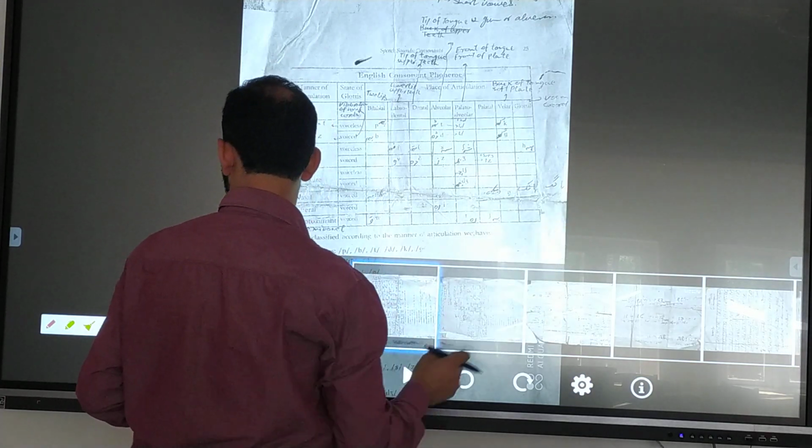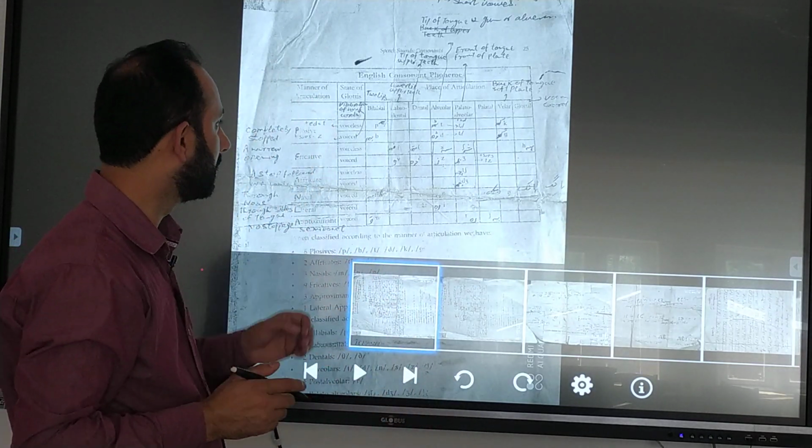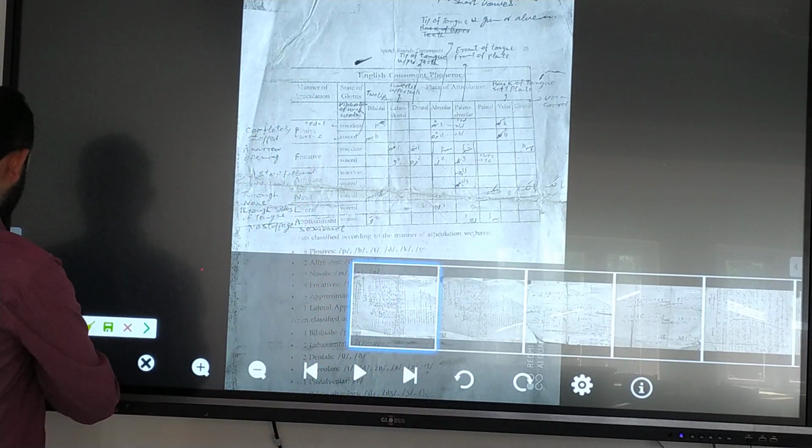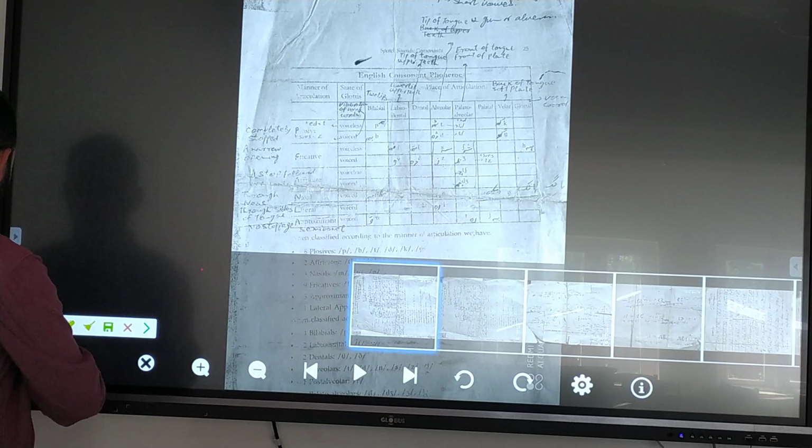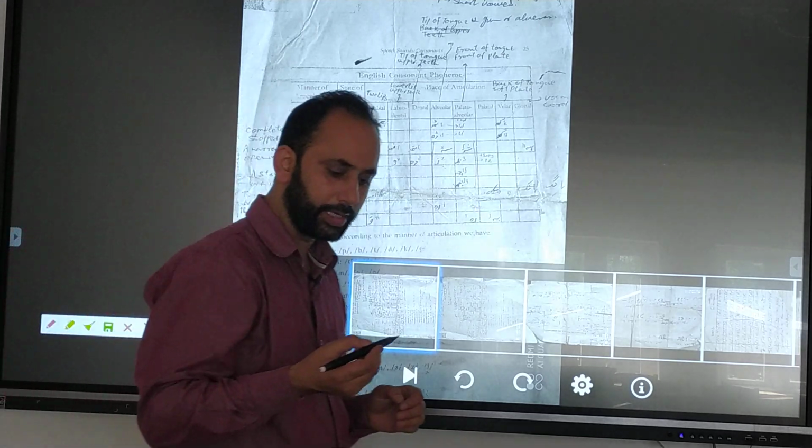Your focus should not be upon the board or the slides, because the slides are not visible, but your focus should be on whatever I will teach you.